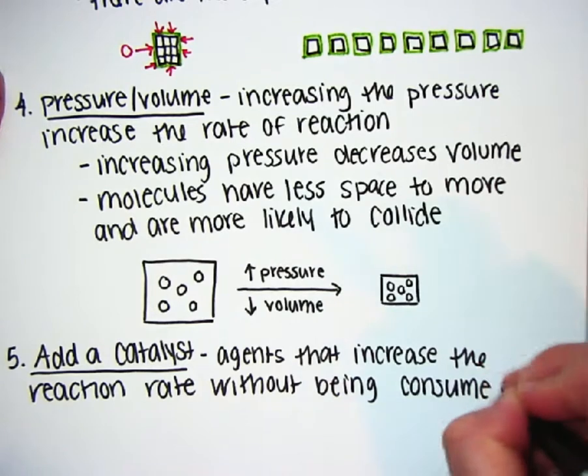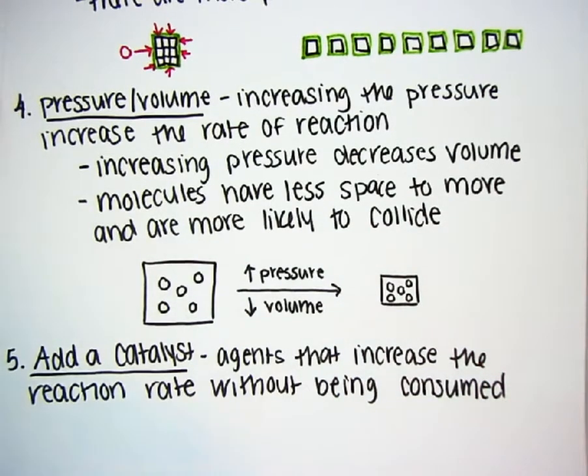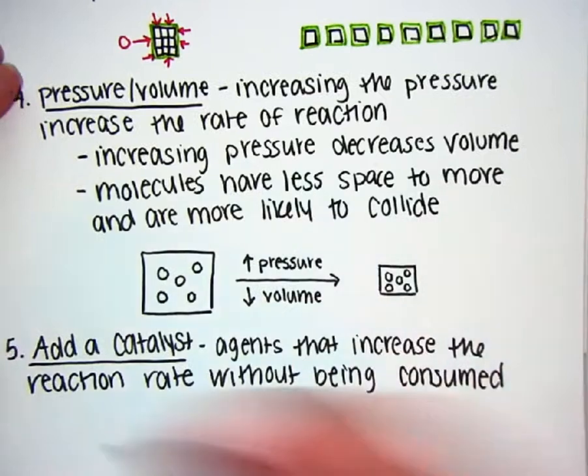So an important thing to note about the catalyst is it doesn't change the reaction. You have reactant A plus B, we're making product AB. Adding a catalyst doesn't affect the reaction. It doesn't make new products. It doesn't get consumed by the reaction. It just makes the reaction go quicker.